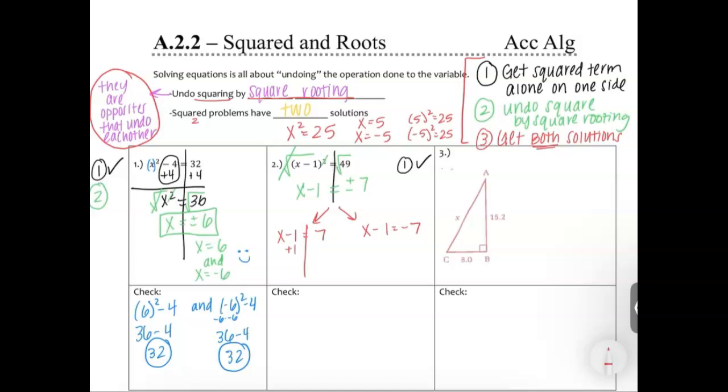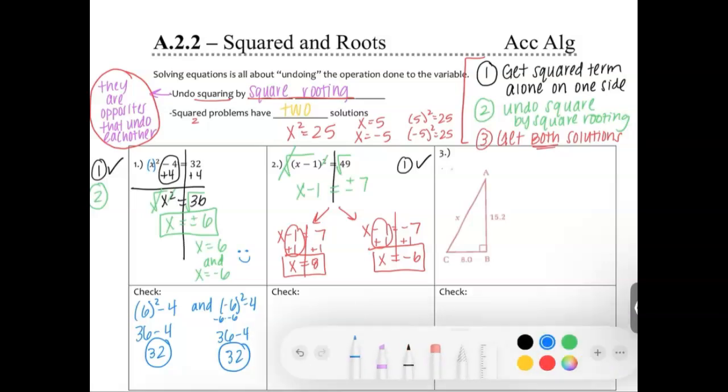What's nice is to get x by itself, we just add 1 here. So we get that x equals 8. When we do that to the other one, be careful, it's not 8 and negative 8. When we add the 1, we get that x is negative 7 plus 1. We're getting closer to 0, so we're at negative 6. So these are the two solutions, and this is why I really want you checking your answers.